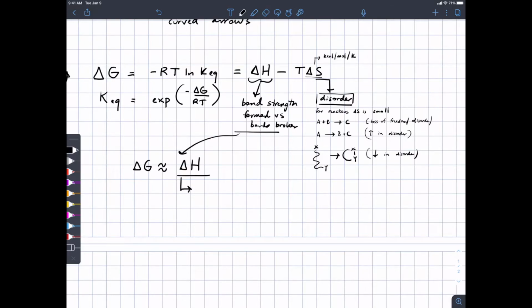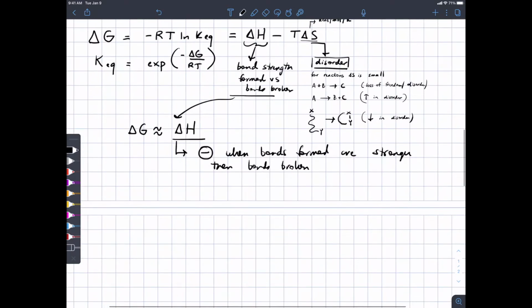And enthalpy is negative when the bonds you form are stronger than the bonds you break. All right, and it's positive if bonds formed are weaker than the bonds that you break.